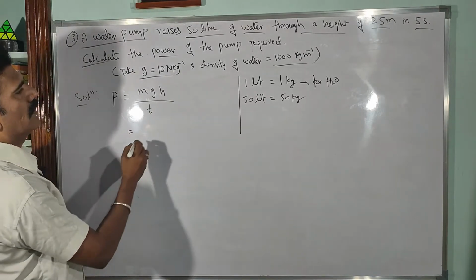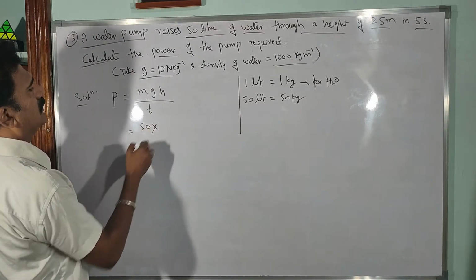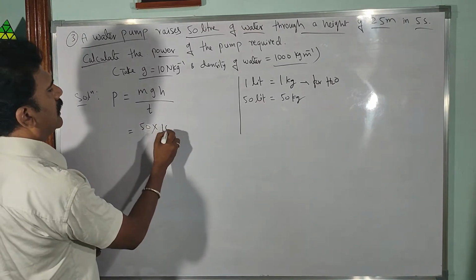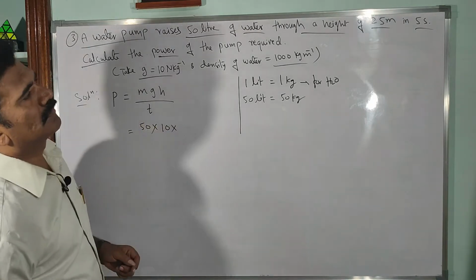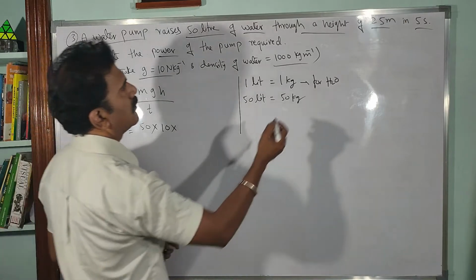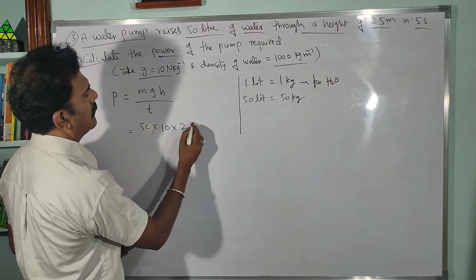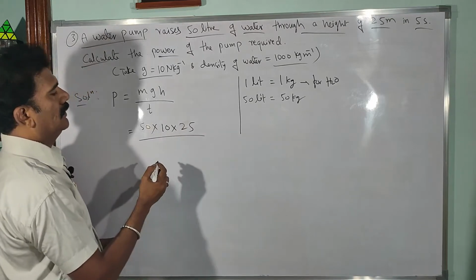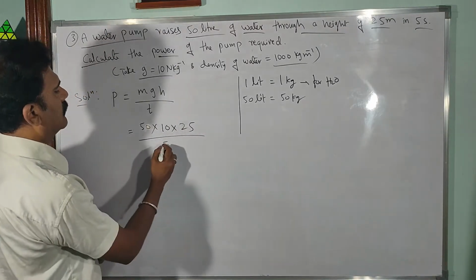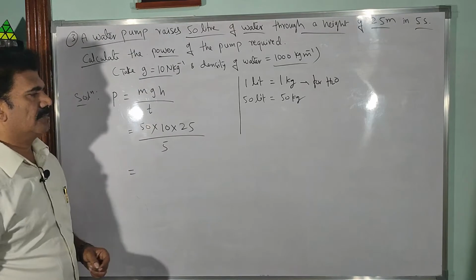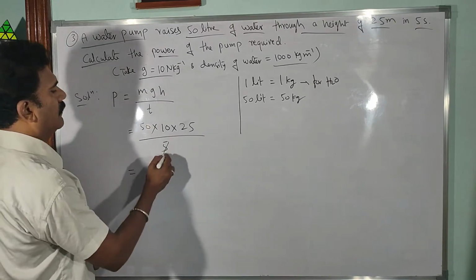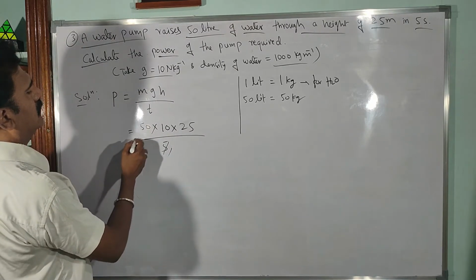Substitute now. m is equal to 50 kg, g value is given as 10, and the height through which the water is pumped is 25 meters, right? 25 meters divided by, in what time? 5 seconds. A simple calculation, right? So I will divide this 50 by 5.